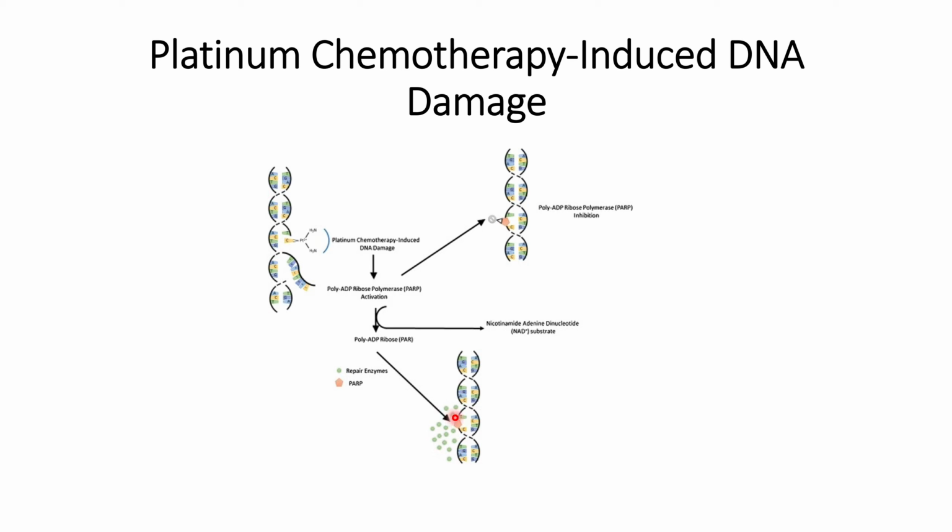And one more thing this process does is, in case PARP is inhibited by PARP1, platinum chemotherapy will activate PARP by removing this PARP1 that is inhibiting the PARP.